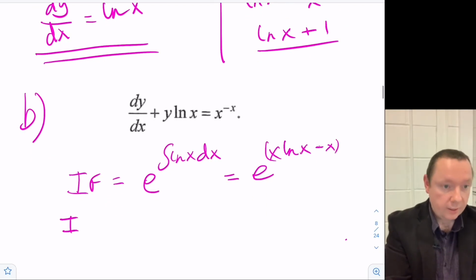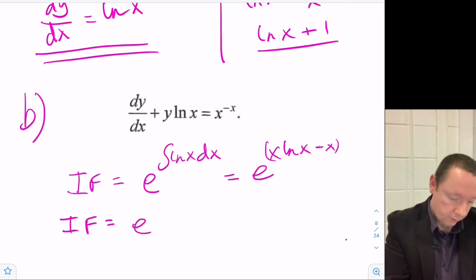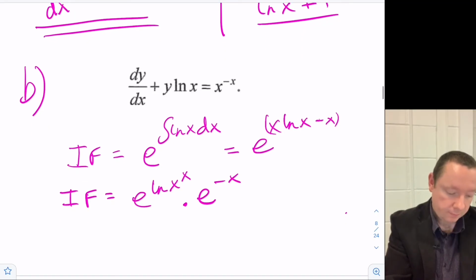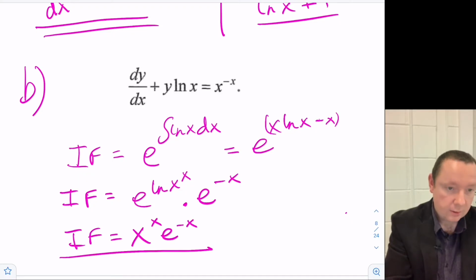So that means our integrating factor is e to the log of x to the power of x times e to the minus x. So that means our integrating factor is just simply x to the power of x times e to the minus x.